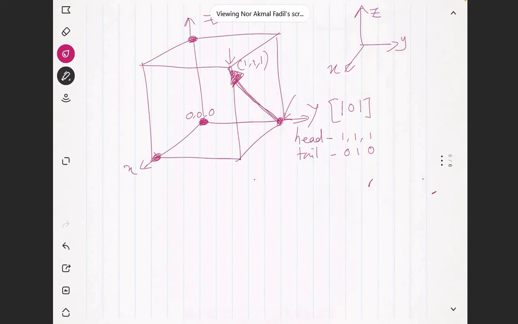And the tail is at x direction 0, y direction 1, and z is 0. That's the reason you get head minus tail, which is equivalent to 1, 0, 1. For the direction, you don't put commas between the values. You need to put a square bracket. So this is the Miller index for this direction.